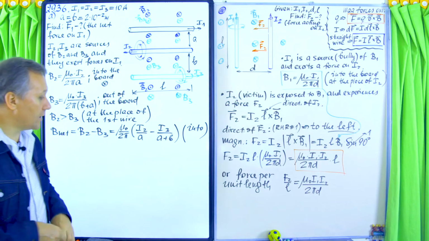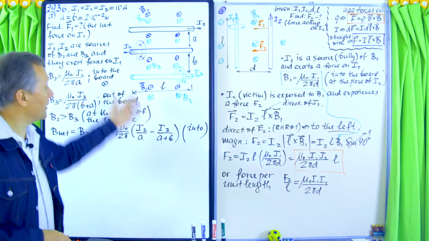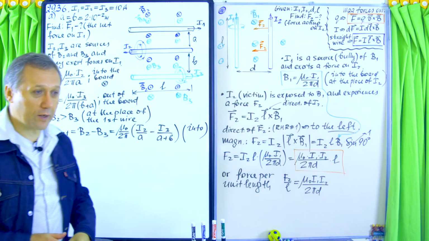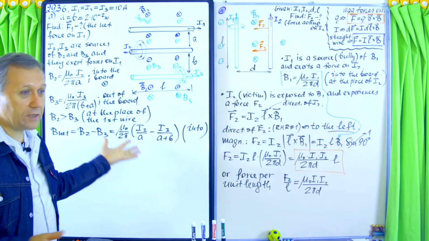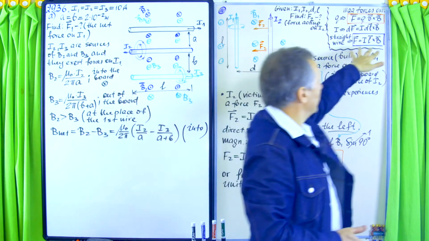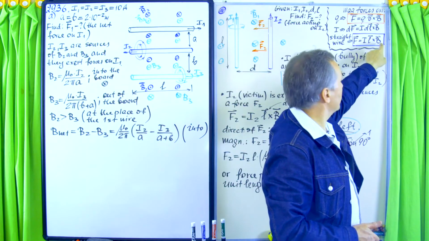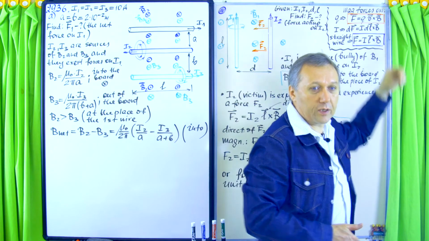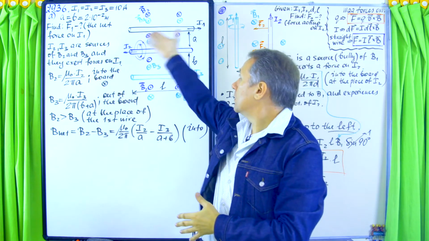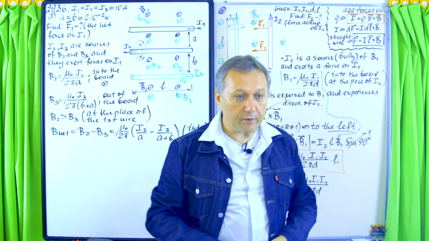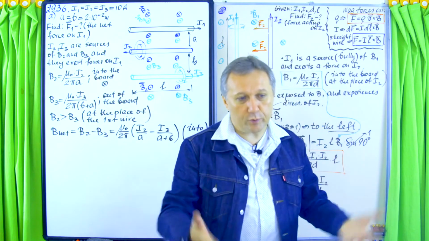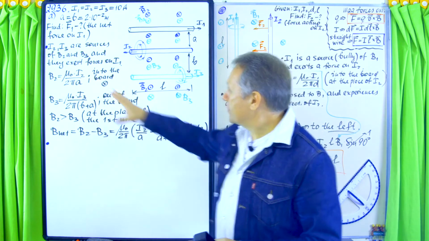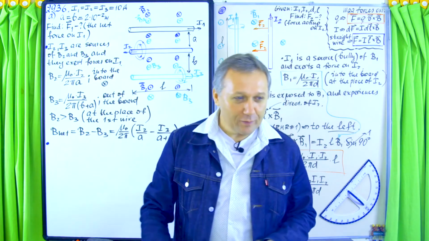Okay, so now we know the net magnetic field at the place of the wire of I1, and so what's left? Now we can start using this formula, because up to this point we just found this magnetic field. So net magnetic field, and the first wire is exposed to that net magnetic field. So just now I added 2 bullets sort of to separate.